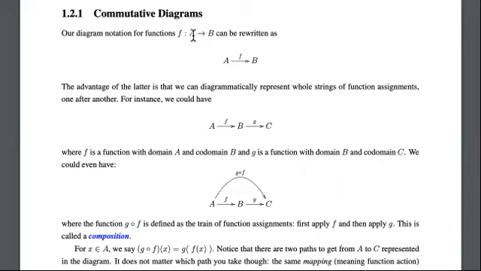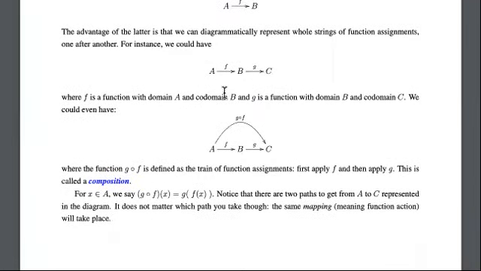It's like you're taking something in this set and projecting it over to something over here. You can notate this with an arrow, where you put f above the arrow. Going from A to B just means that A is the domain, B is the codomain.